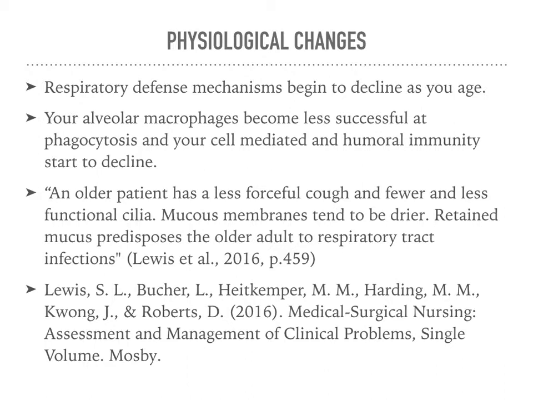I also thought it was interesting that swallowing becomes slower because of transit time in the pharyngeal area, and there's reduced sensation in the pharynx, especially if the older adult has a neurological condition, like they've had a stroke or something like that, and that can really contribute to aspiration.